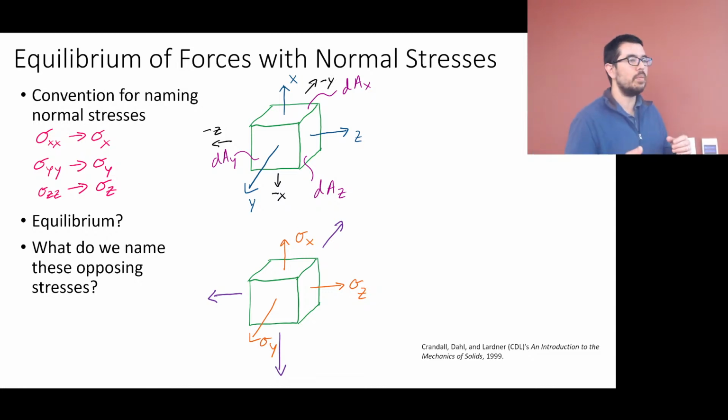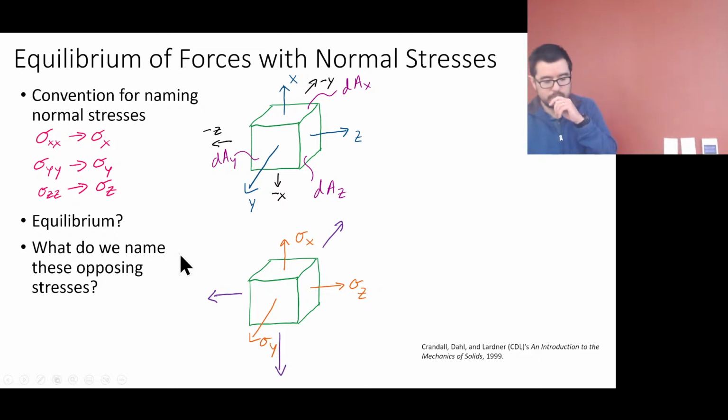Now, a little bit more on the convention. This face is the positive z face. This face is the positive y face. This is the positive x face. What's this face over here? We actually are going to call that the minus z face, because if z is positive this way, it's actually going in.